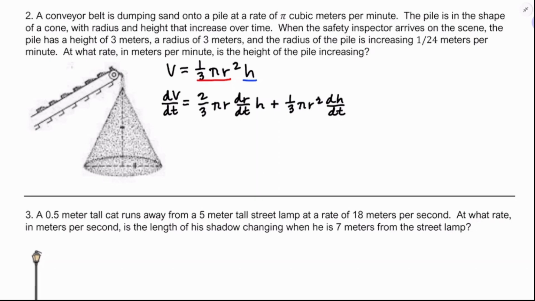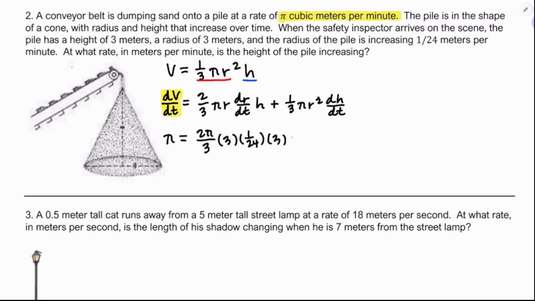And I think at this point I should be able to just plug in and get what I need. It's dumping sand onto the pile at a rate of pi cubic centimeters per minute. That's the very beginning. So that means that dV dt is going to be pi. So I'm going to say pi is equal to 2/3 of pi, I'm just going to call that 2 pi over 3, r is 3, dr dt is 1/24, and h is also 3.